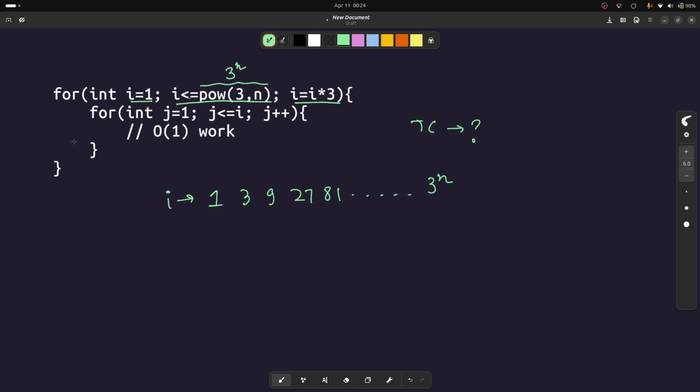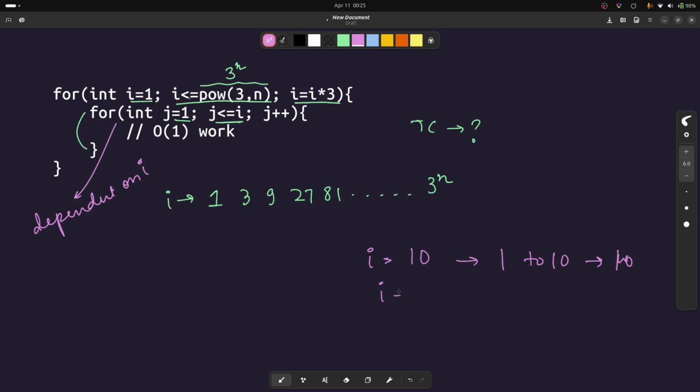If I look at the j loop, it starts from 1 and goes up to i. So again, this inner j loop is dependent on i. If i's value is, let's say, 10, then the j loop runs from 1 to 10, so work would be 10.